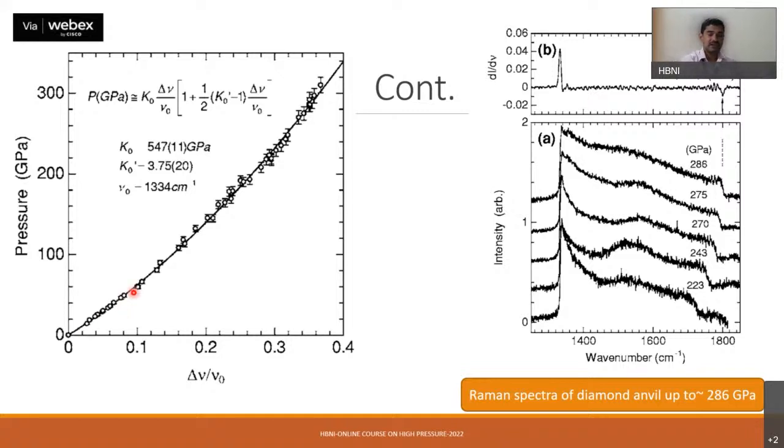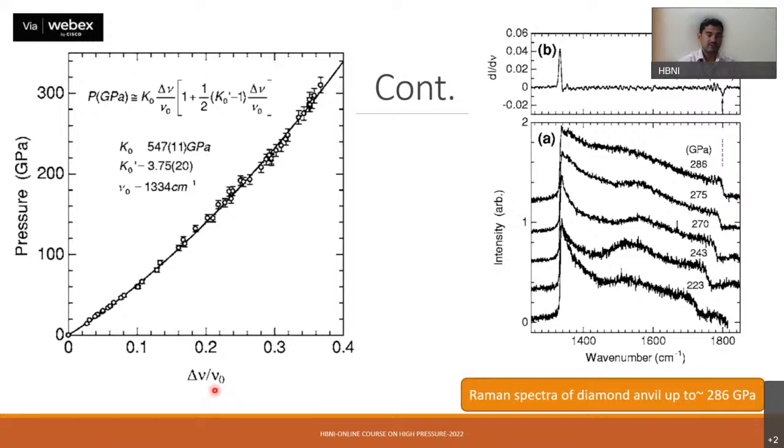So this is the calibration graph which Akahama and Kawamura have fitted, with pressure versus delta nu by nu zero. Nu zero is the first order Raman peak, like 1330 centimeter inverse, and delta nu is the change in the position of the edge with respect to nu zero.